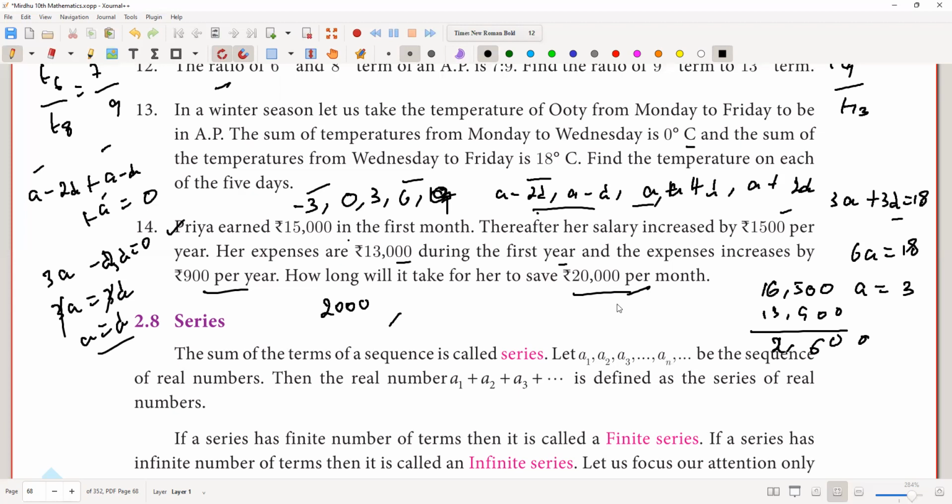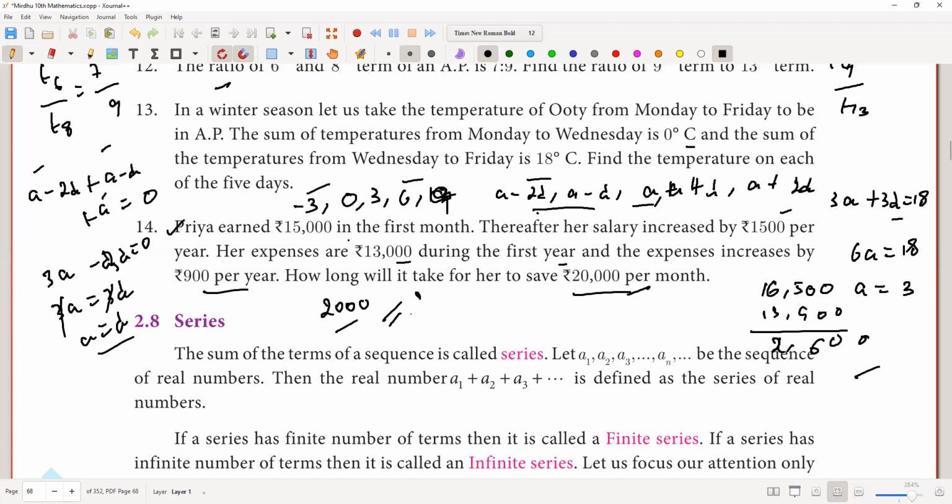In the first year, she is saving 2,000 per month, so 2,000 into 10, 20,000. We won't be needing this 2,600 at all. They would have asked something more, like 2 lakhs. But they are asking rupees 20,000 per month. When she will be getting 20,000 per month?